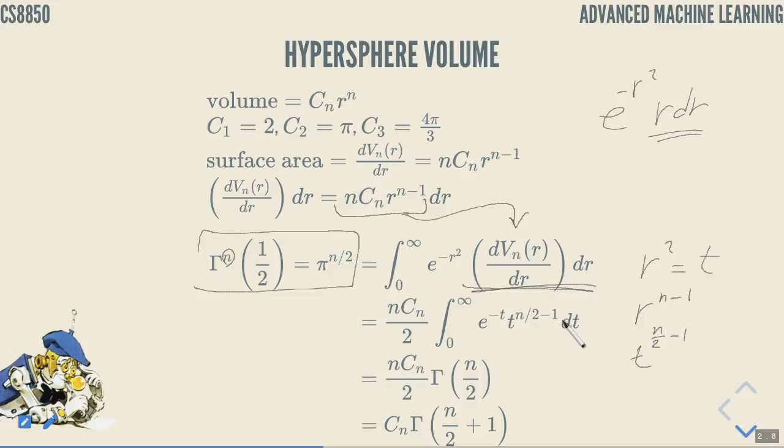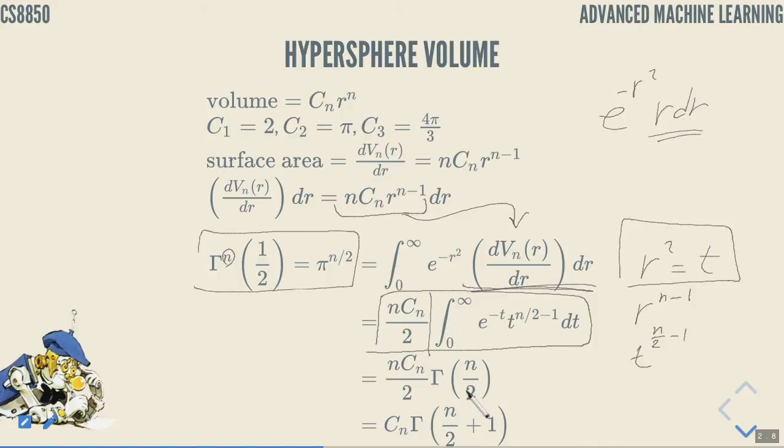So after this substitution, we got a new integral, which should still equal the same value. But then we observe that this integral is nothing but gamma of n over 2, this part.